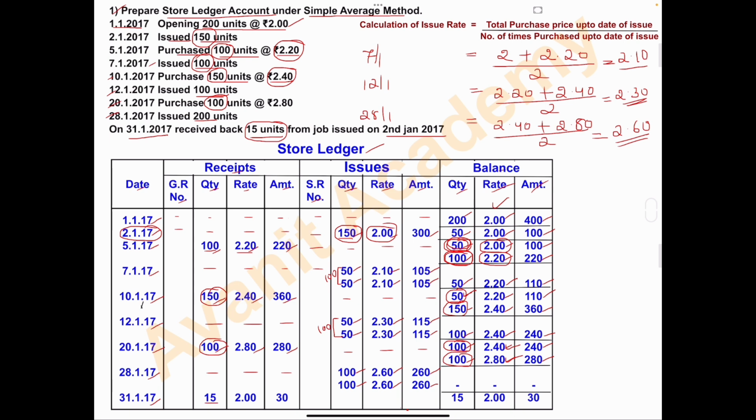What was the issue rate? 2 rupees. So rate per unit is 2. 15 into 2, 30 rupees. Issues column nil, and write in the balance column quantity 15, rate per unit is 2 and the total amount is 30.